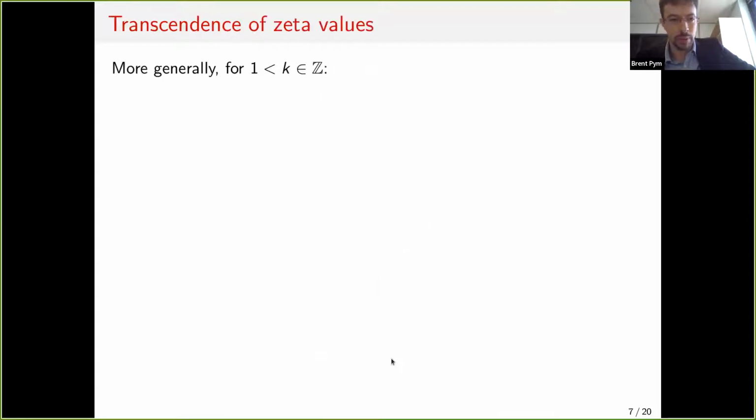More generally, there are a bunch of famous constants which are periods. Among these are the so-called zeta values. If I take an integer k bigger than 1, then I can consider the number called zeta of k. Zeta of k is the sum of 1 over n to the power k. You may recognize this as the definition of the Riemann zeta function. That sum converges, and so it defines a real number.